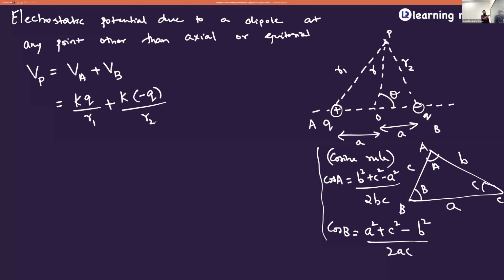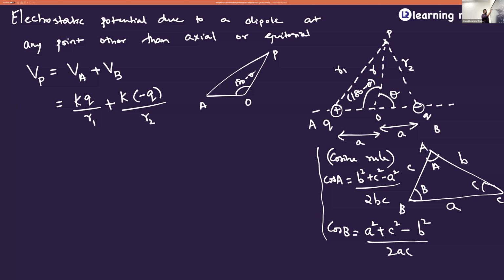For that, I'm going to apply the cosine rule to the two triangles that I'm able to see here. If this is theta, then this is 180 minus theta. So if I take the triangle AOP, this is going to be 180 minus theta.